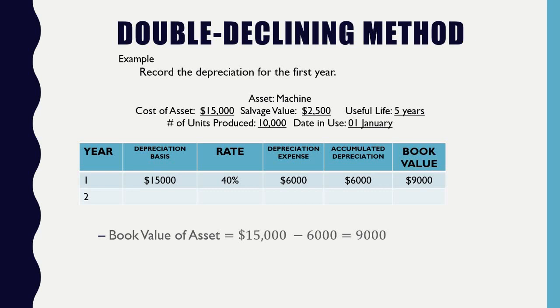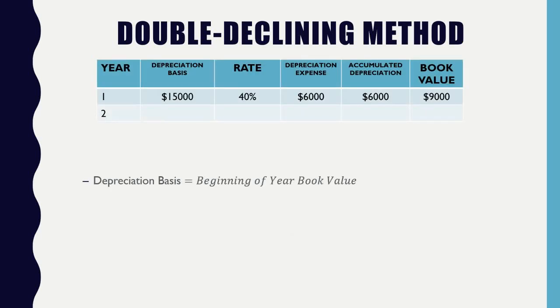If it's December 31st and it's valued at $9,000, that means January 1st, what is it going to be valued at? $9,000. So that's exactly what you're going to do. You're going to plug in the book value that you solved at the end of year 1 because it becomes the beginning of year 2. Okay? Then you're going to have to solve all over again.